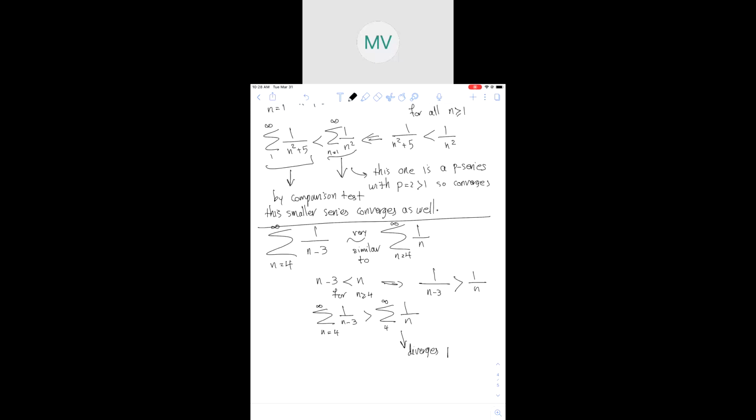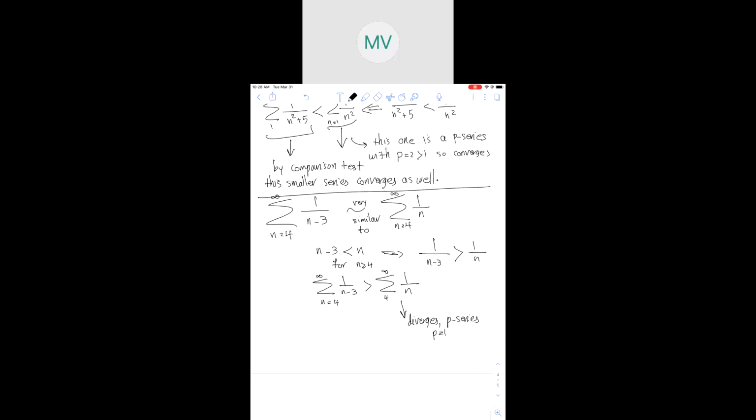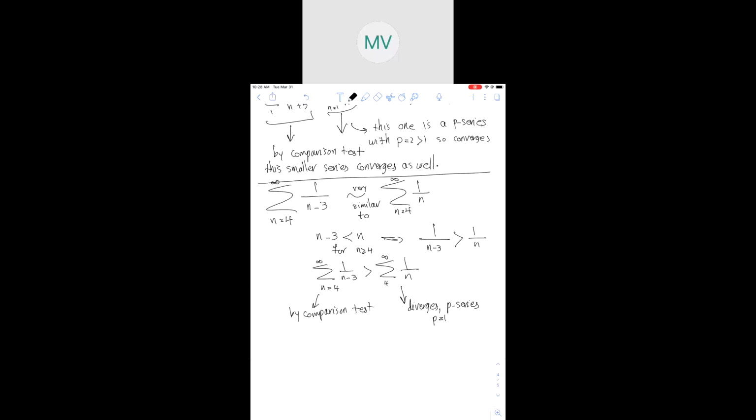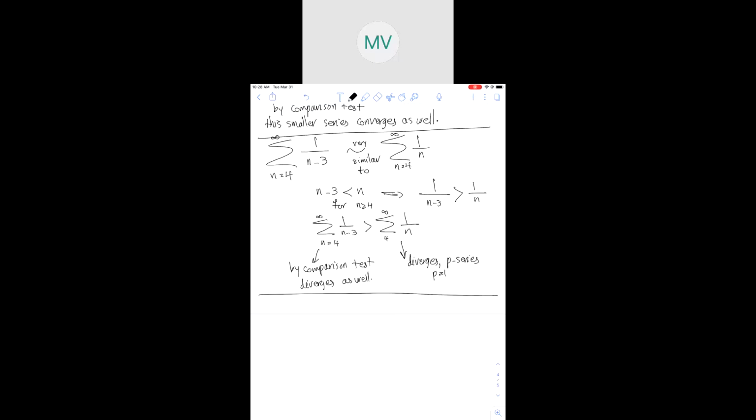Again, p series, P equal 1. So that by comparison test, it diverges as well. Okay. So any questions on that?